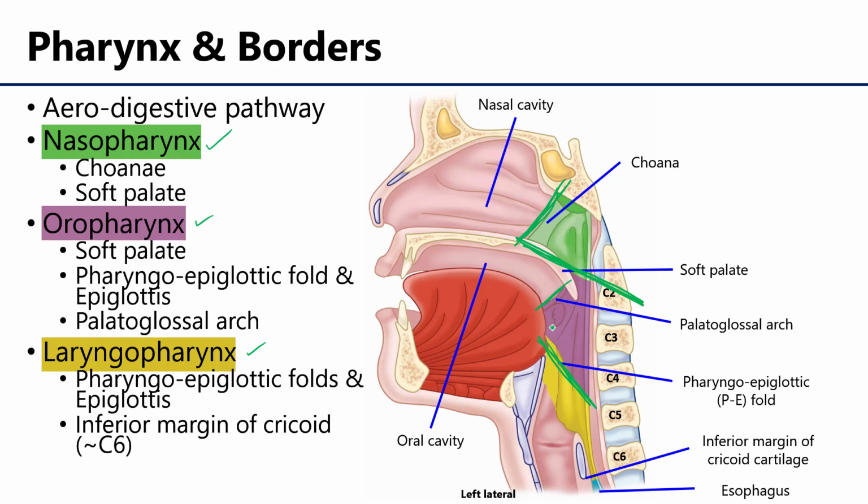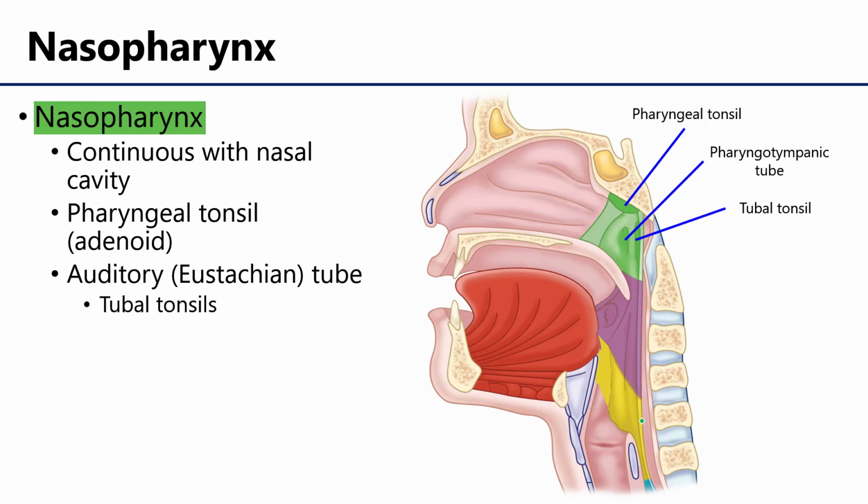We'll see this in a better view posteriorly in a second. The laryngopharynx then would continue on to the laryngeal inlet and down to the inferior margin of the cricoid, which is going to divide the laryngopharynx from the esophagus. And that's approximately at the level of the sixth cervical vertebra.